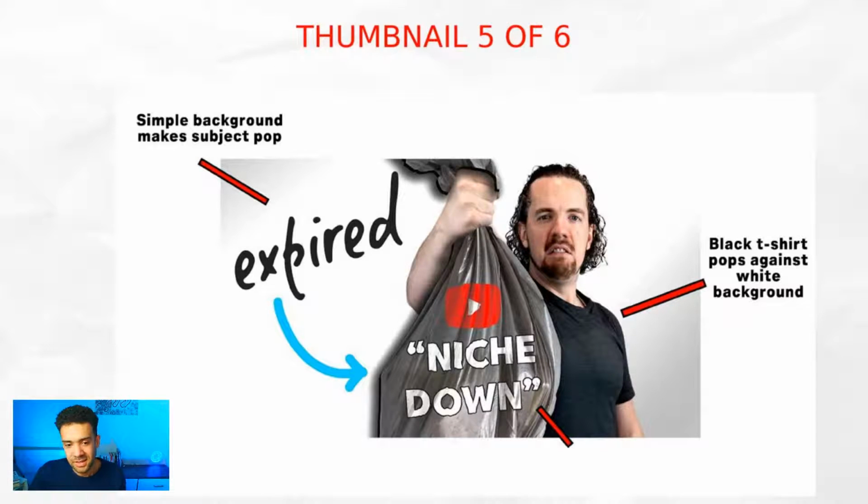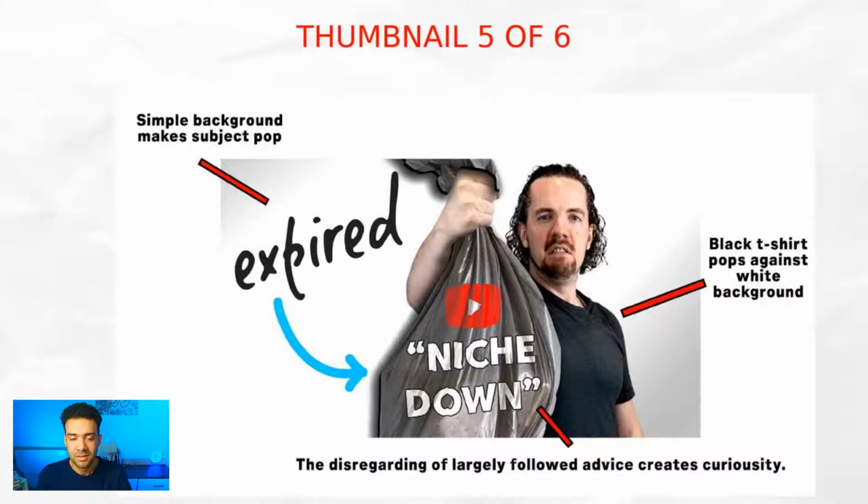And finally, the third quality I believe this viral thumbnail had that we can learn from and use in our own thumbnails is he's written "niche down" on a trash bag. Now, if you're in this YouTuber's target audience, niching down is a piece of advice that you hear all the time. Everyone always says niche down. That's the best thing to do if you're a YouTuber. YouTubers are the people that watch this person's videos.